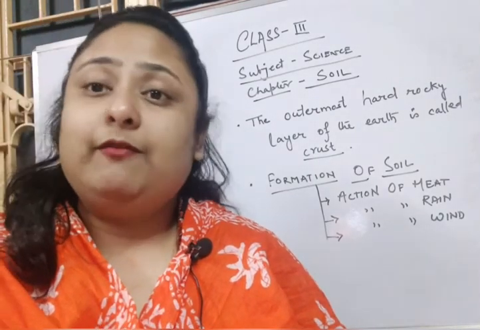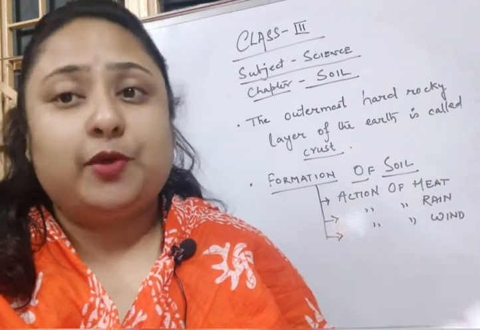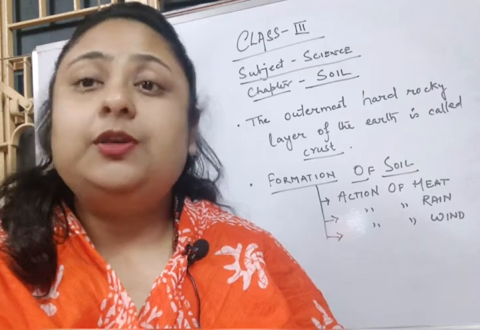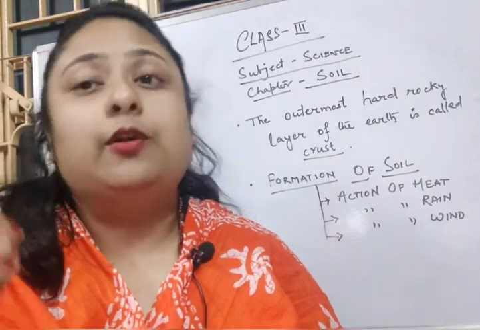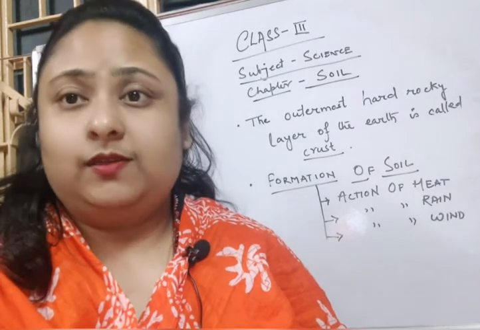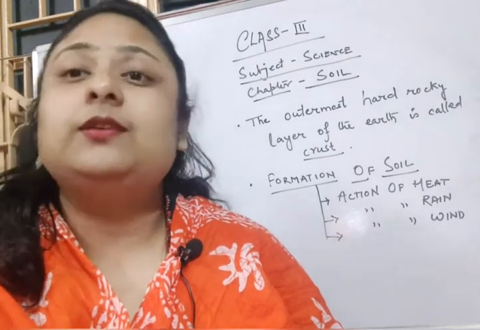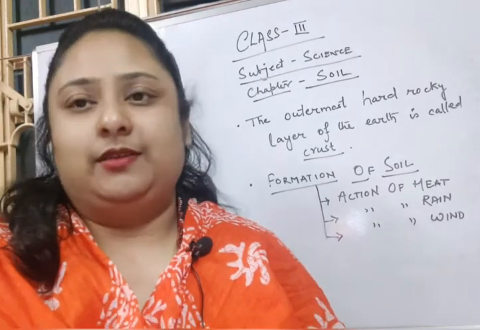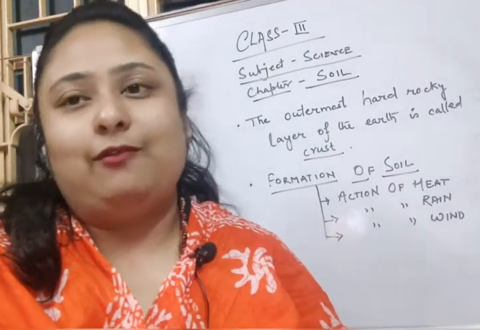Children, there were huge rocks present on the surface of the earth. Due to the action of heat, rain, frost, etc., these rocks got broken down into smaller pieces. This phenomenon is known as weathering of rocks.